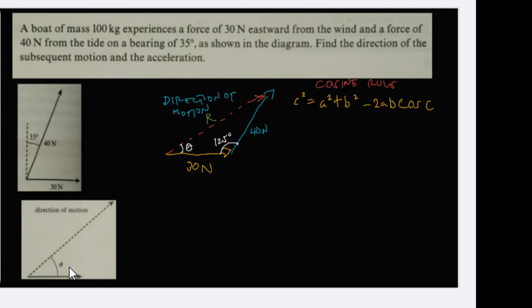So if we will be solving for the r, we'll have here your r squared. There'll be r squared is equal to 30 squared plus 40 squared minus 2 times 30 times 40 cosine of the given angle there, 125.